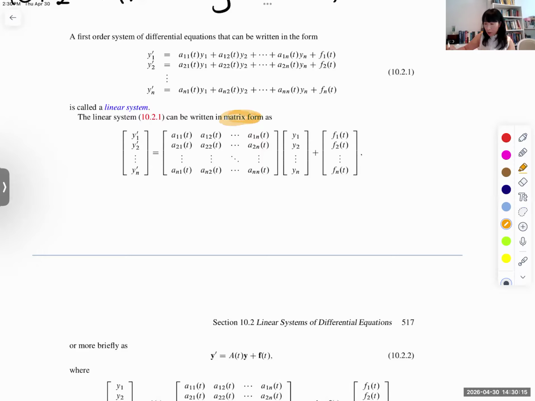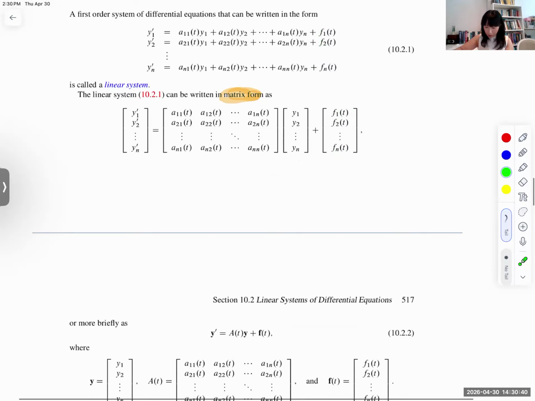Okay, then we use this as a matrix form. We use only the coefficients, right, as a matrix. And then we use the variables here, y sub 1, y sub 2. Then we have another function notation here, right?